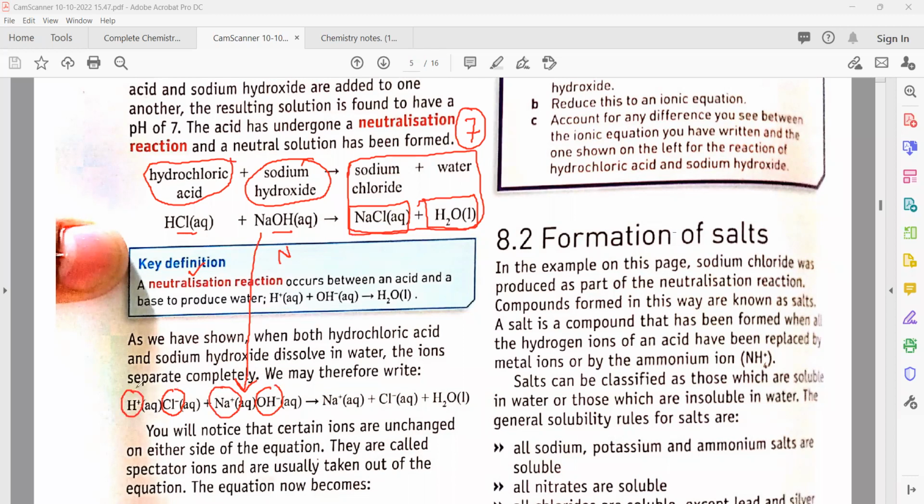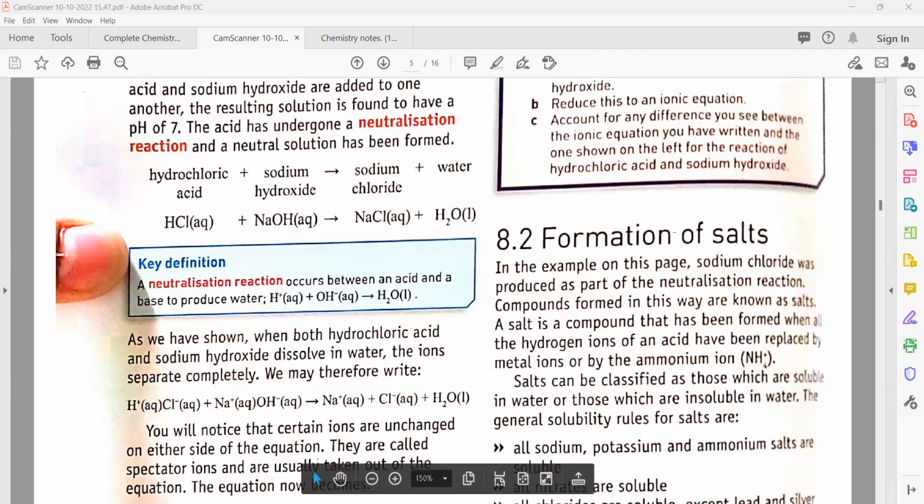So what happened? This H positive and OH negative combine together and form a water molecule. And here chloride negative and sodium positive combine together and form NaCl salt. Easy. The same thing that I explained, you're going to write in equation form and I'll explain again.